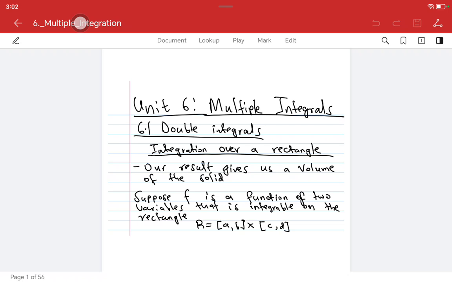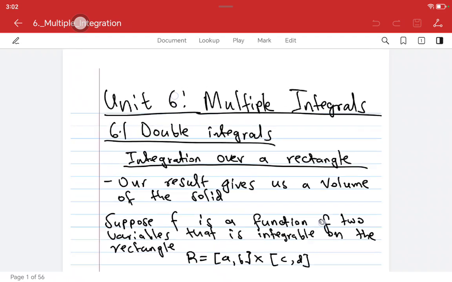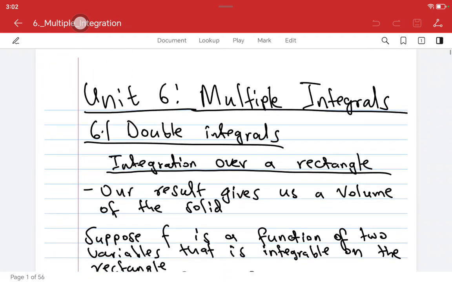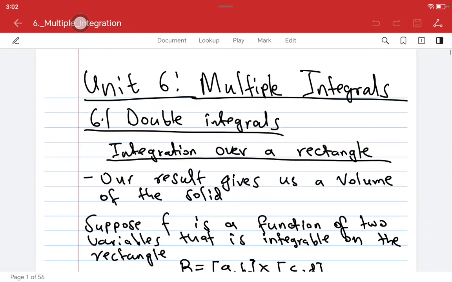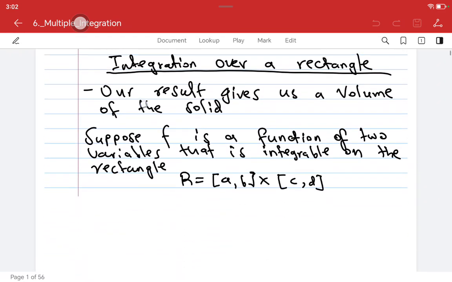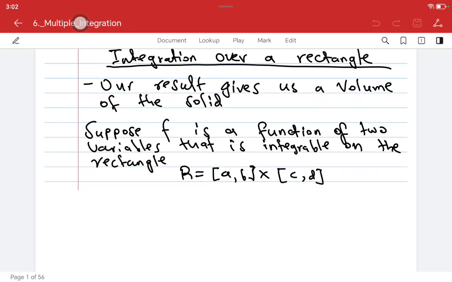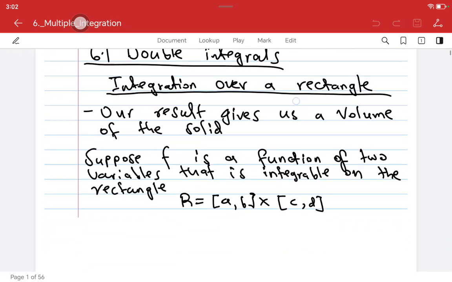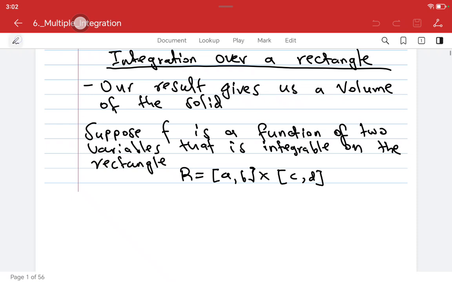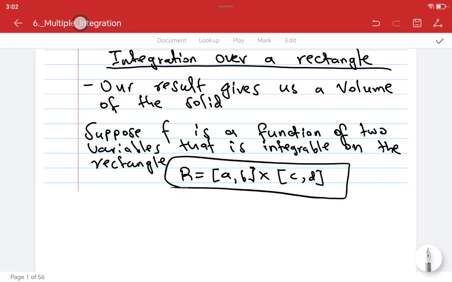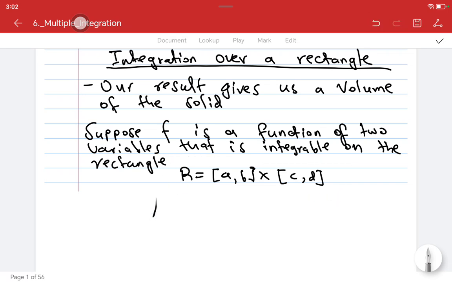So when we come to the integration over a rectangle, on this one I'm just gonna give you the ways in which the rectangle can be written, right? They can give us an equation like this. Let's say they say we should find the integral, then they give us r to be this, or they can say r is this.